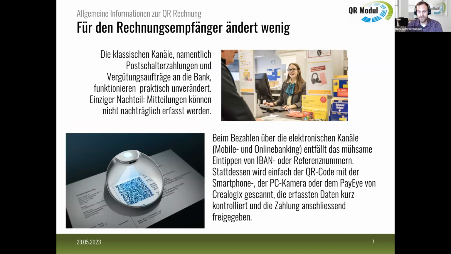It is possible to fully process the QR bill digitally. You can send it by email as a PDF file, and lots of banks are able to read the Swiss QR code within the PDF, and therefore it can be handled fully digitally. So the QR bill can serve both worlds.